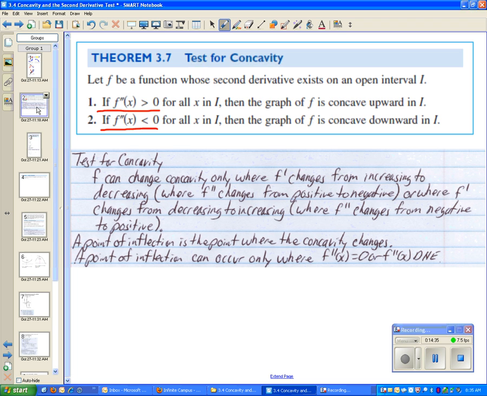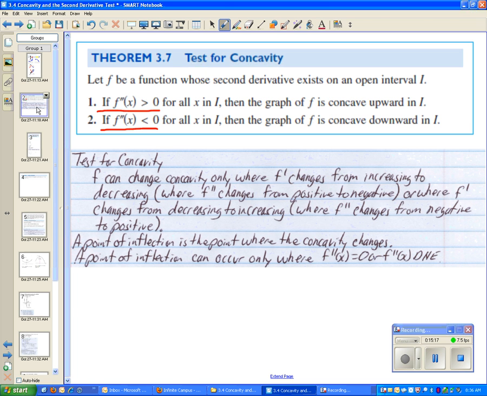Now, you can get away with just memorizing that for a lot of the problems. But then there are the ones that I think are easy and you don't, where you see a picture of something and you have to tell where something is. You might be given F and have to tell where the derivative is positive or negative, or given F prime and tell where F is increasing or decreasing. I like those. You guys mostly don't. If you don't actually understand what's going on, you won't be able to answer those questions. You'll be able to do the book questions where they give you a function and ask where the concavity changes. You can do that because you find the first derivative, find the second derivative. I'll show you how to do that.